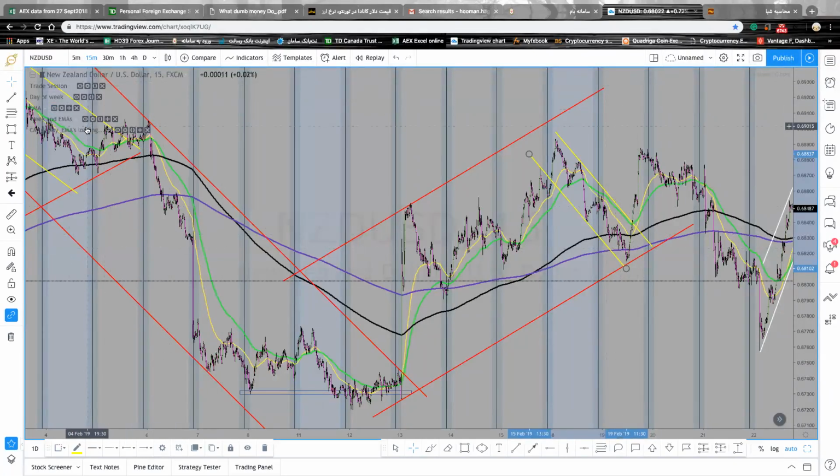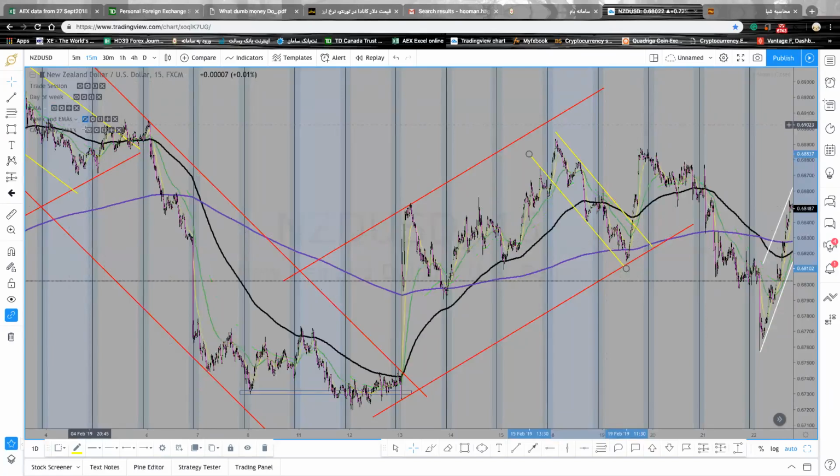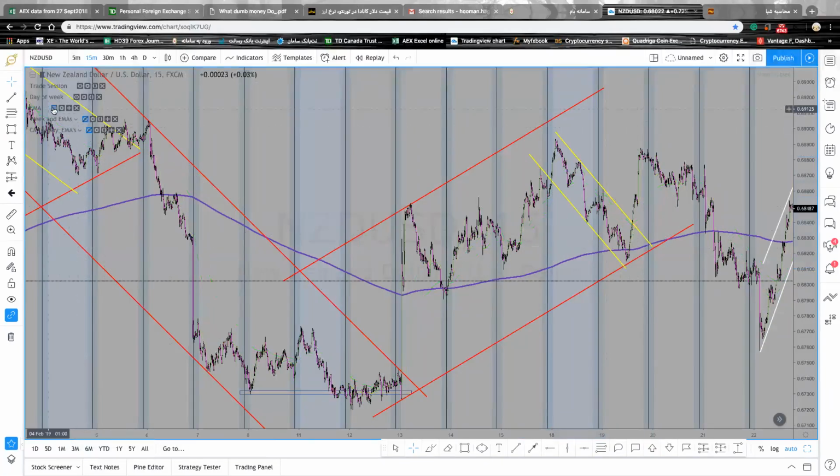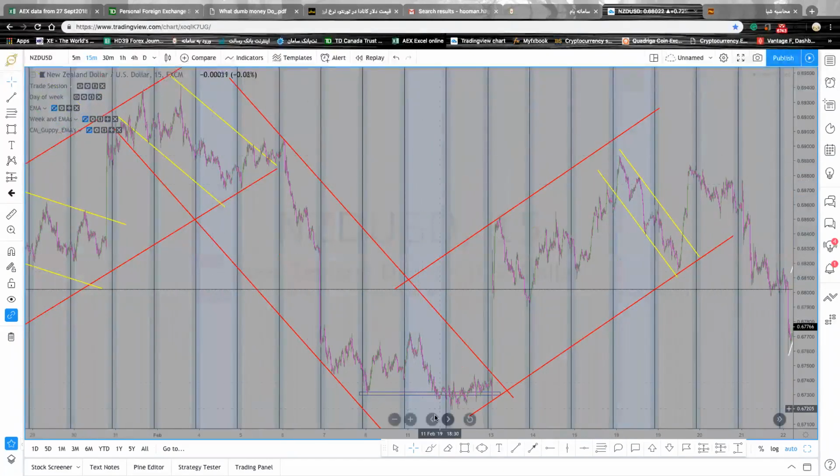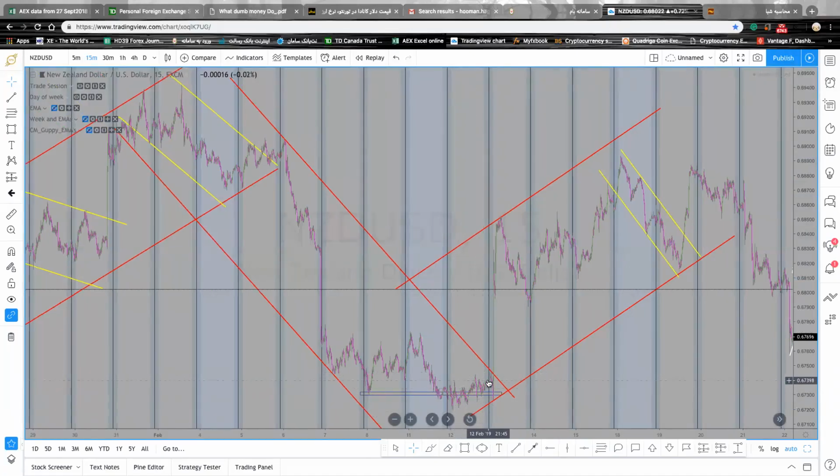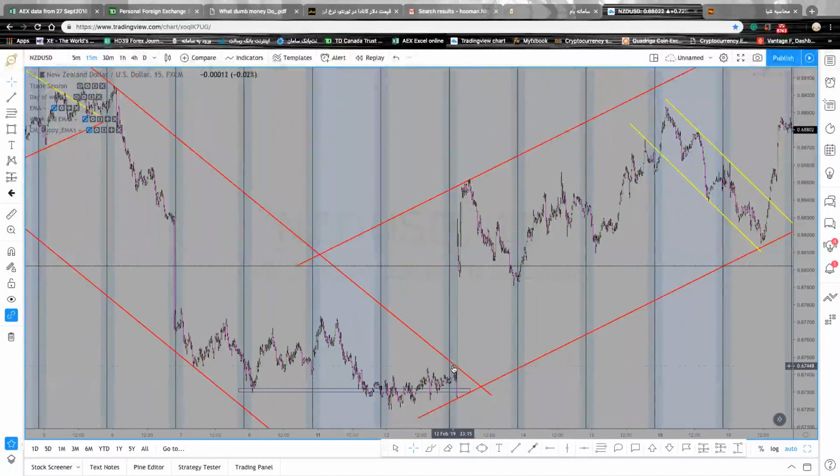We have so many hacks right here in this TradingView, enough to make us better than Warren Buffett. Psychological level, yep. The hack is downtrend, psychological level is broken. They're working around here. So we have an NZD news, 13 February.